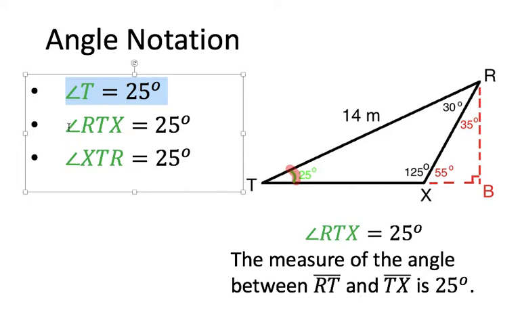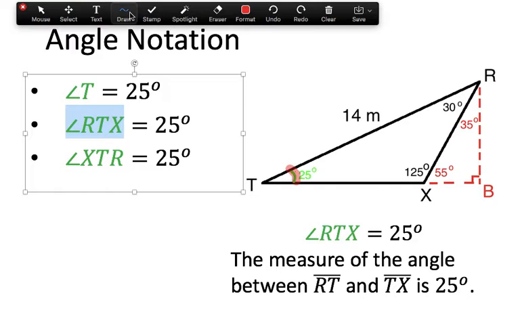We could also call that angle RTX with these three letters. This just means that if we start at R and go to T, so that's R to T, and then we go from T to X, our angle is sandwiched in between those two.